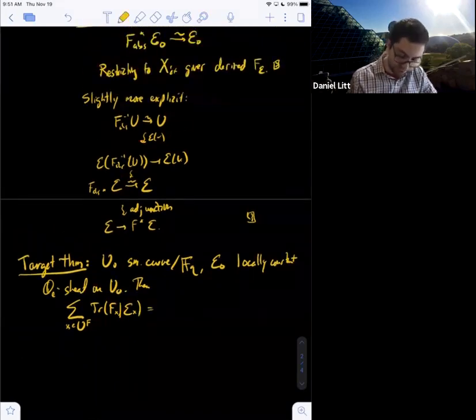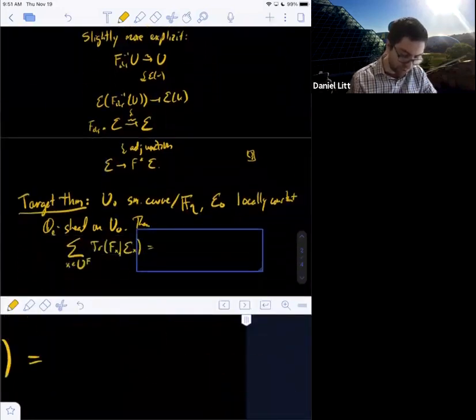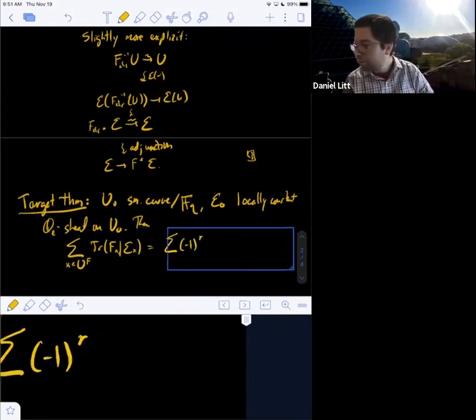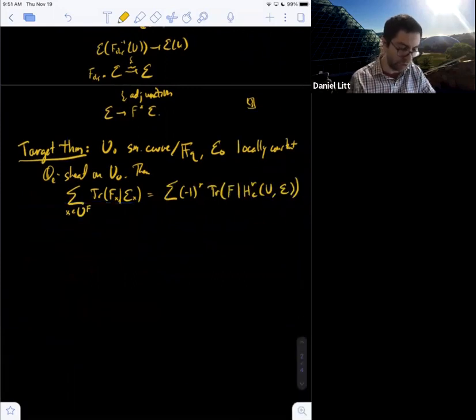So this sum of traces should be equal to the alternating sum of the trace of f on the compactly supported cohomology of U with coefficients in E. And here the notation as usual is that U is the base change of U naught to F_q bar, and E is the restriction of E naught to U. All right, so are there any questions about this target theorem?